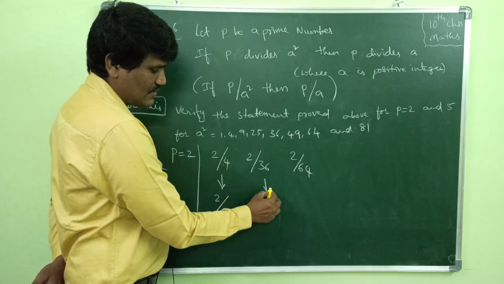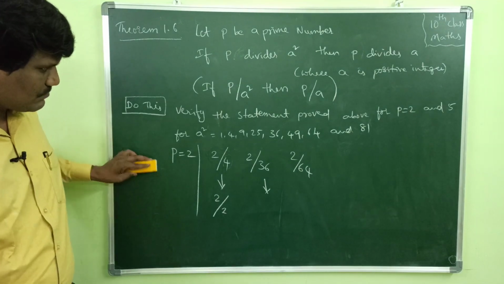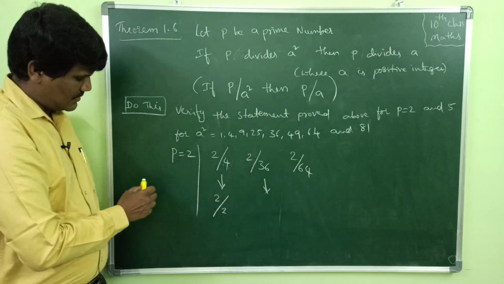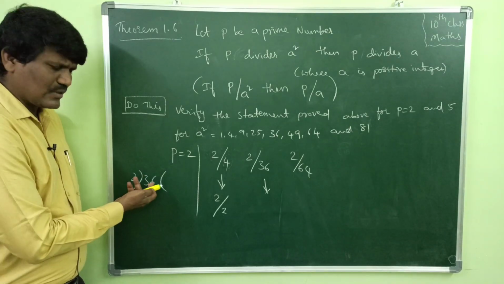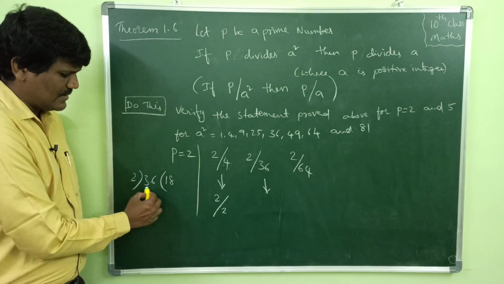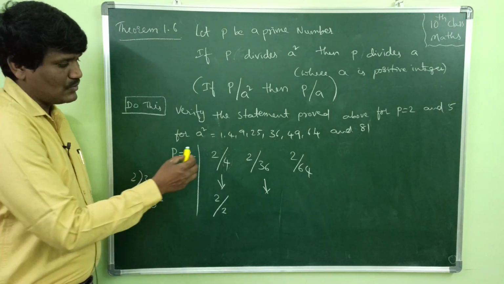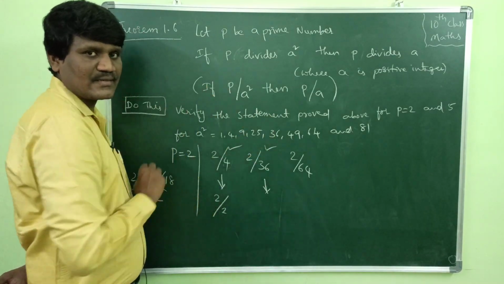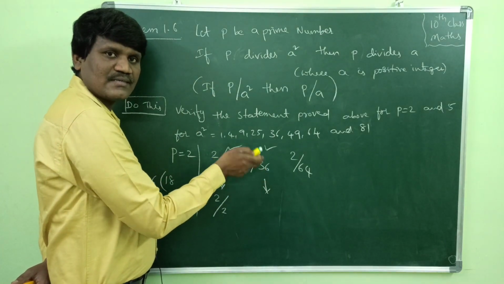Second one, let us see 36. Does 2 divide 36? Let us see. You know that 2 18s are 36, 0. So yes, 2 divides 36. What is the square root of this? 36 I can write as 6 square.